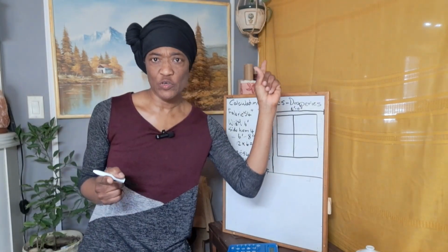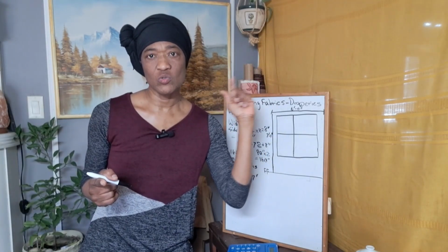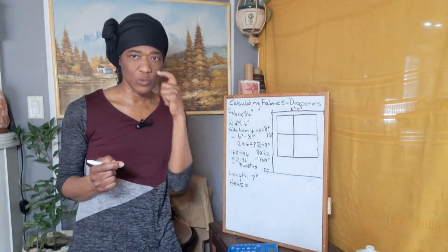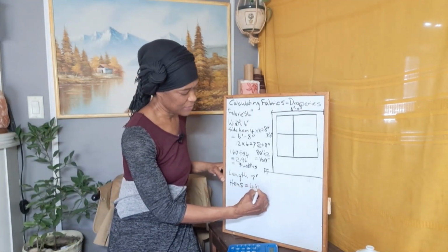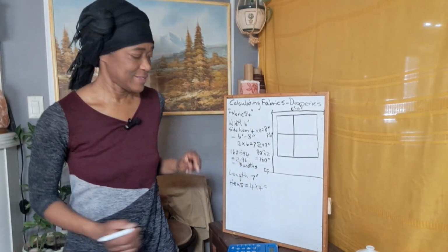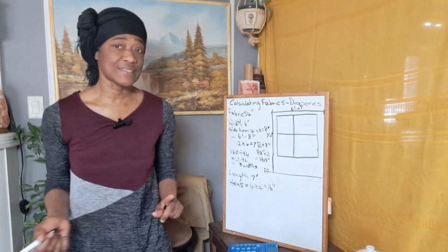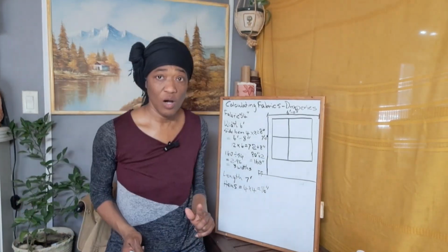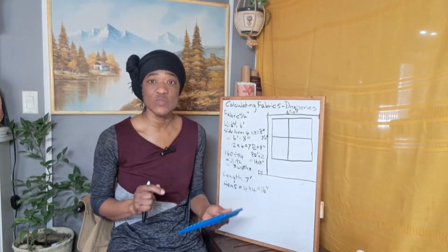I will link a video so you can check out the double hem and the best way to do your double hems when you're doing your curtains. But that's going to be 4 times 4, and 4 4s are 16. So that's 16 inches.